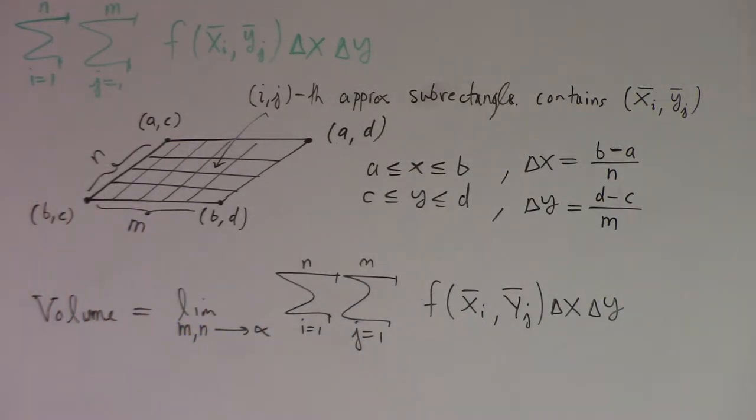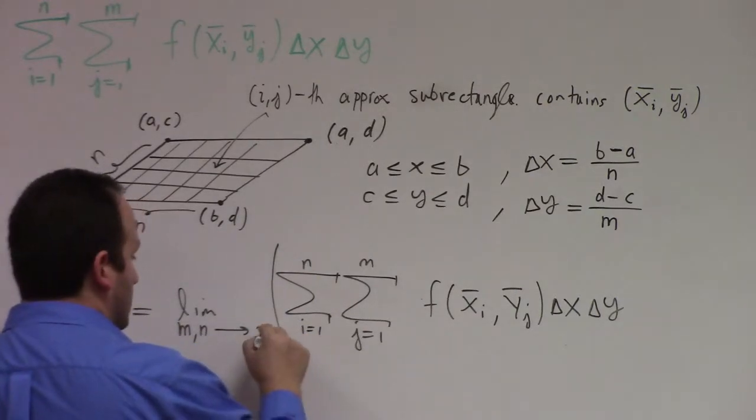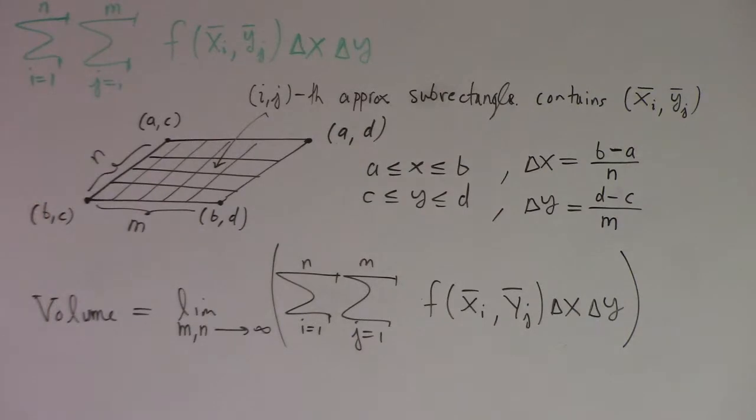So that would be exactly the volume. In fact, I would use this to define volume, frankly. What I'm showing you is just the bivariate generalization of the Riemann sum. Do you guys remember this from when we did integrals before?